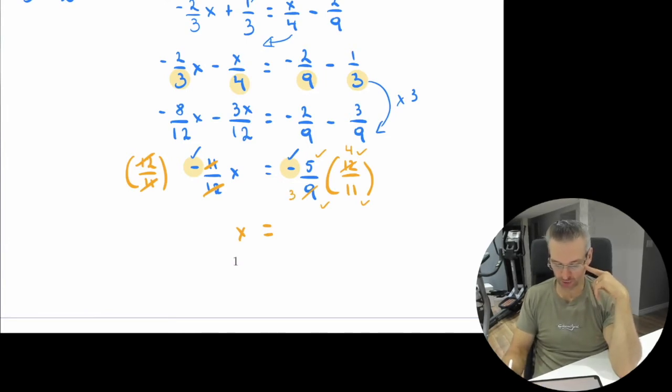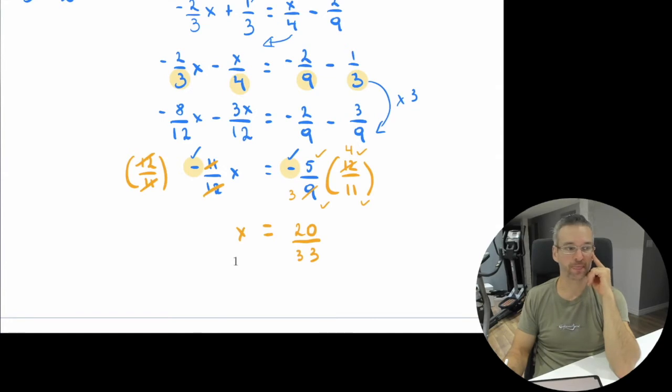I can't really reduce anything else. The 5 is a prime number, and so is the 11. So now this is pretty much it. 5 times 4 is 20, divided by 3 times 11 is 33. And I will leave it as a fraction because that's what it said to do.